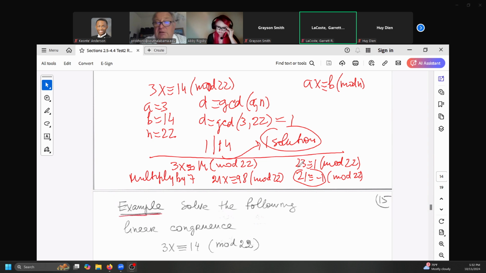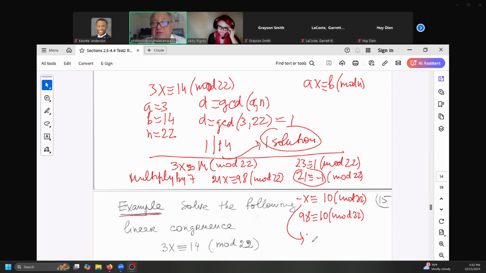Negative 1. So we'll get negative x is congruent to, and also 98 is a big number. So instead of 98, I'll divide 98 by 22. It's 4 times 22, 88. So this means we'll get 10 modulo 22.